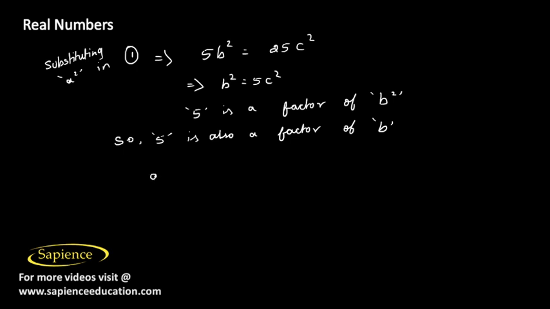Now we assumed A and B are co-prime. A and B are supposed to be co-prime numbers, but both A and B have 5 as a common factor.